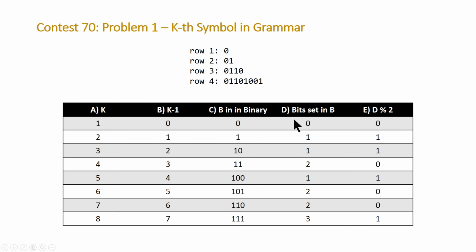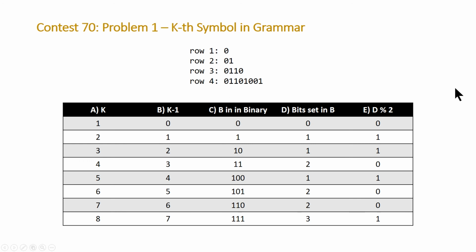A bit that is set is a bit that is 1. And then we look at basically whether it's an even or odd number of bits set. And if we do this, you can note that this basically has the same pattern as our rows. 0, 1, 1, 0, 1, 0, 0, 1. It'll continue to match our rows in any length.